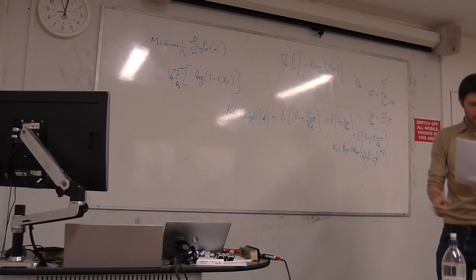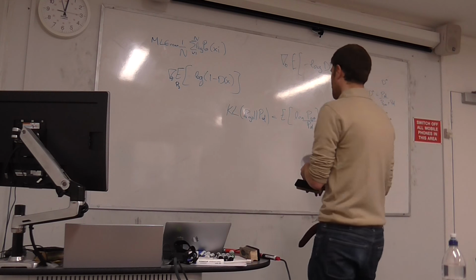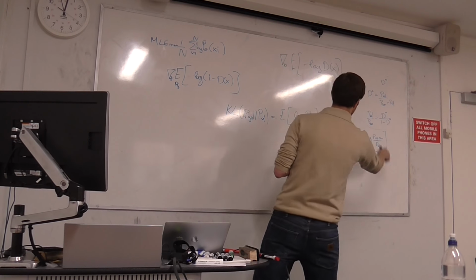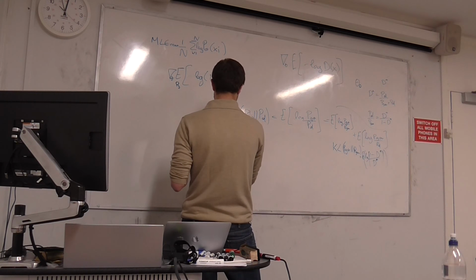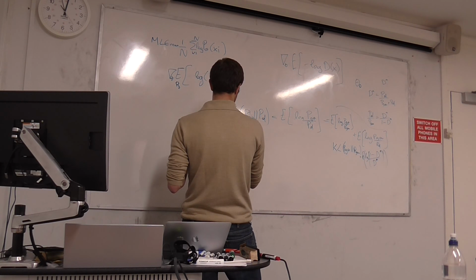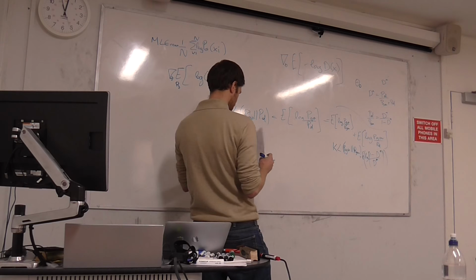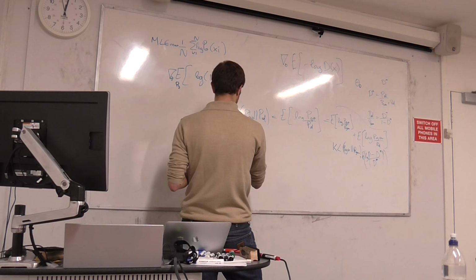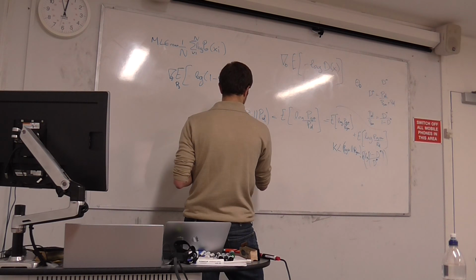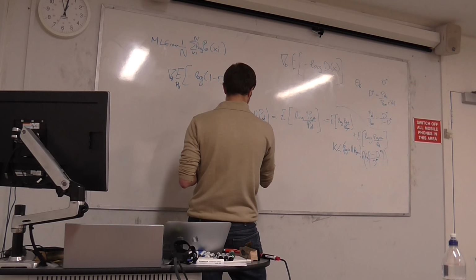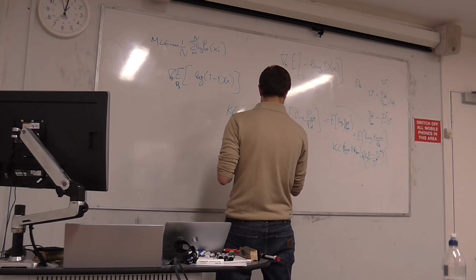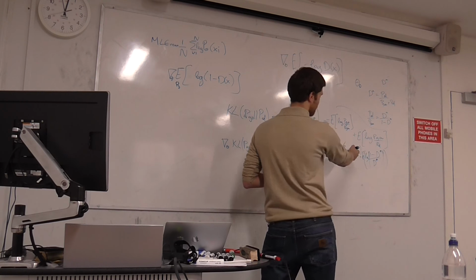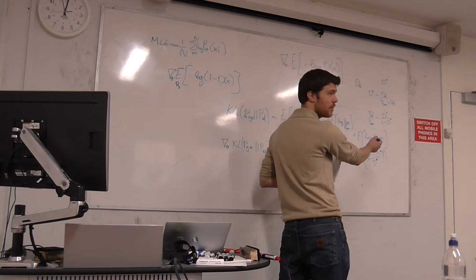If we were to take the gradient of this, we'd have to take the gradient of that. So let's take the gradient at theta equals theta 0. For KL of PG theta at theta equals theta 0, these two will match, so that's 0.